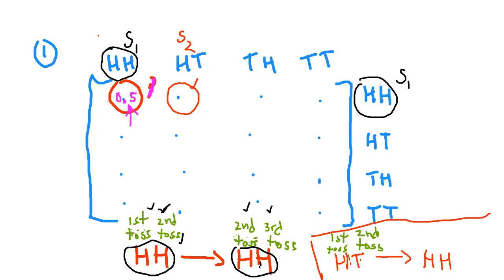So this would mean that your second toss was a head, and the third toss was a head. Let's make sure all the writing is nice and clear here.